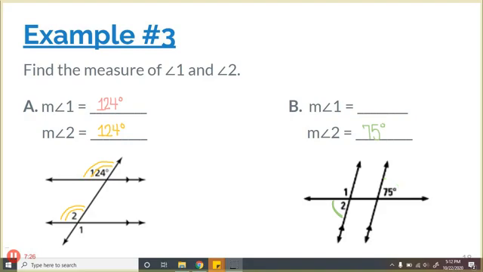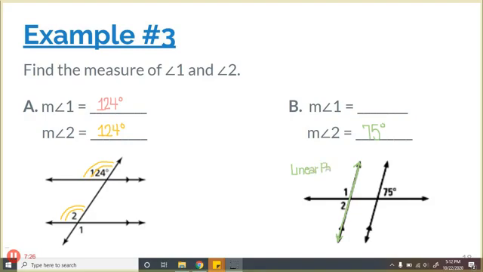Now, the 75 degree angle and the angle 1 don't have a special angle relationship. They are both on the outside, but they're on the same side, and we do not have consecutive exterior angles. So what we do know, though, from a previous chapter, is that angle 1 and angle 2 form a straight angle. So in other words, remember we said that angle 1 and angle 2 would be called a linear pair.